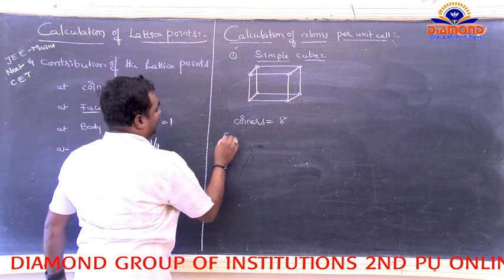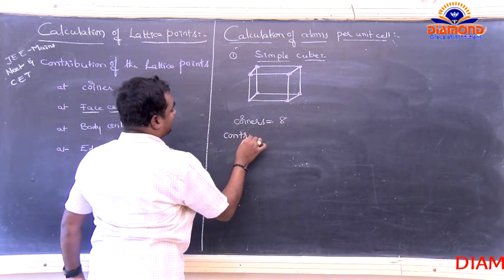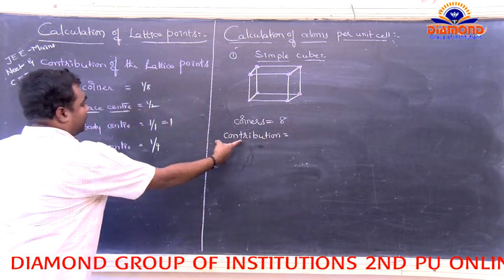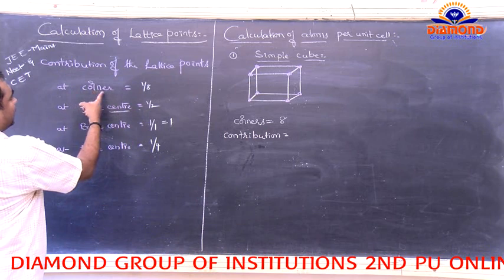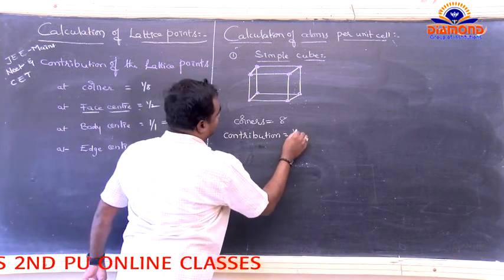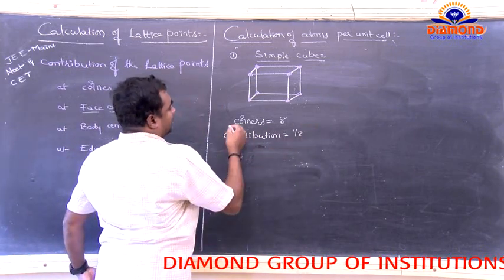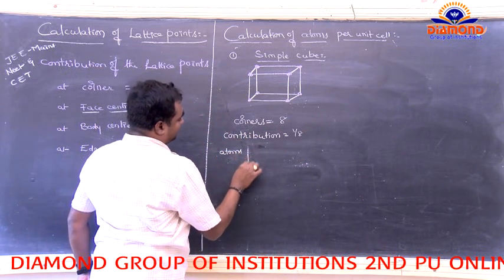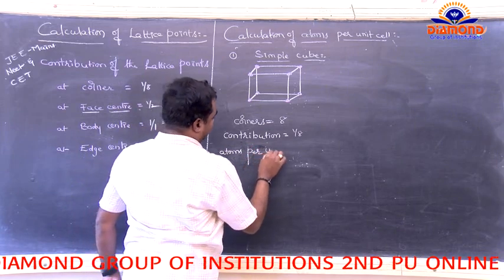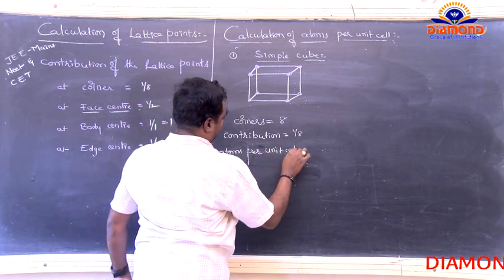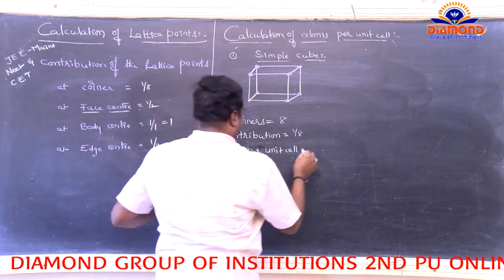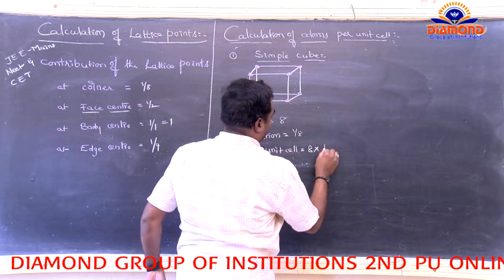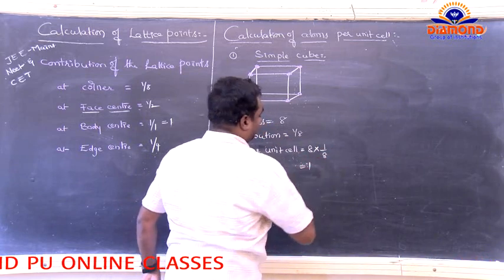Now what's the contribution of the lattice point at a corner? 1 by 8. So the atoms per unit cell is equal to 8, the number of corners, into the contribution 1 by 8, which is equal to only 1 atom.